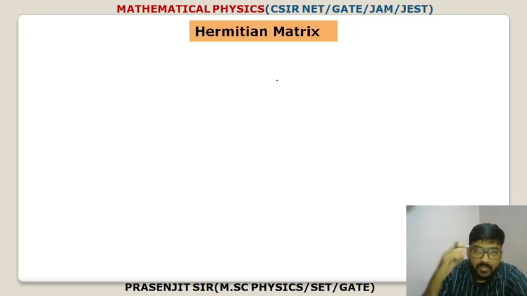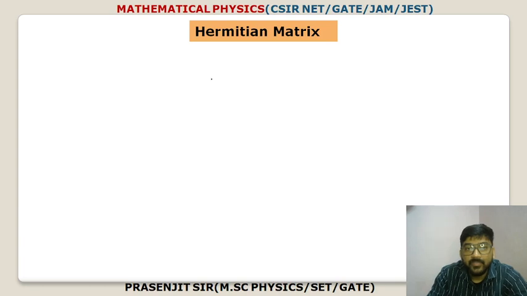Okay, now in the same way we should write about Hermitian matrix and anti-Hermitian matrix. Now we have already discussed the transpose conjugate. A symmetric matrix is defined based on the concept of transpose, but the Hermitian matrix as well as the anti-Hermitian matrix is defined on the basis of transpose conjugate. And what is the transpose conjugate?